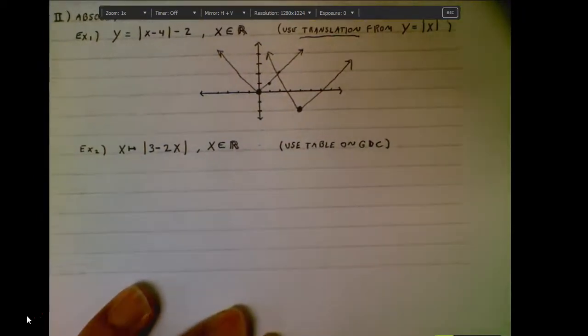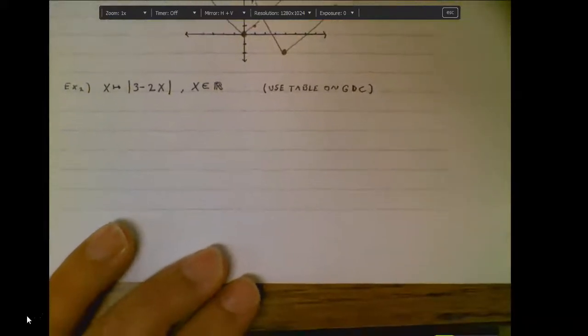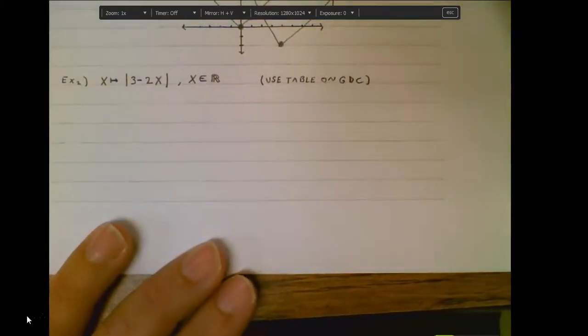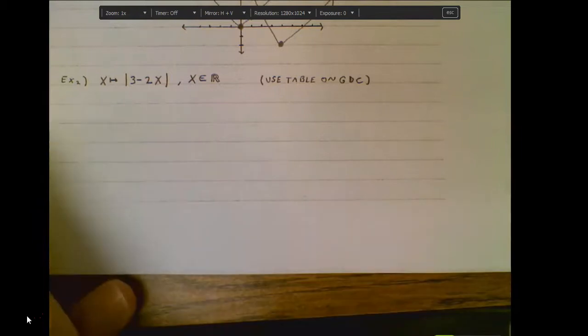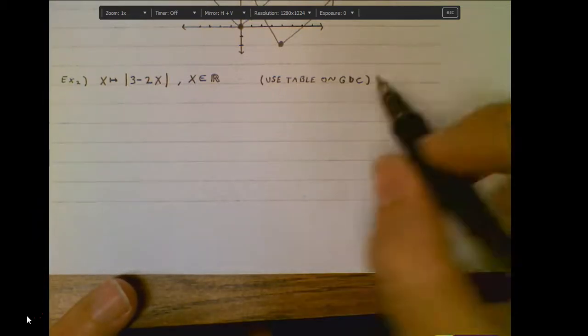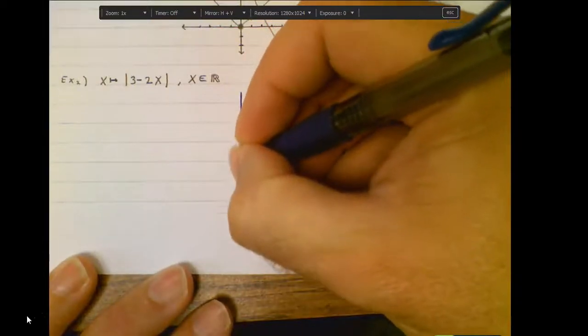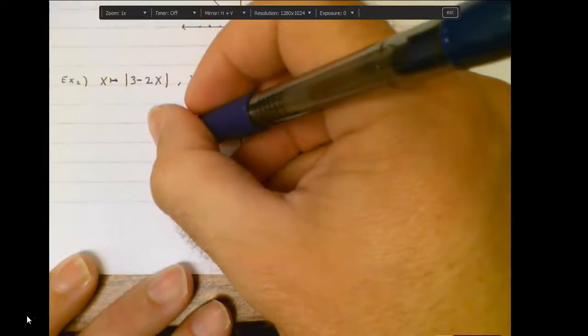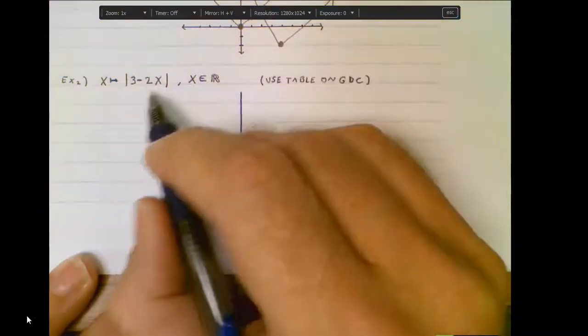So one more right here. If I was going to do a graph for this one, again, we'll build our grid. This one is a little harder to deal with when it comes to a translation because of the extra number thrown in right here.